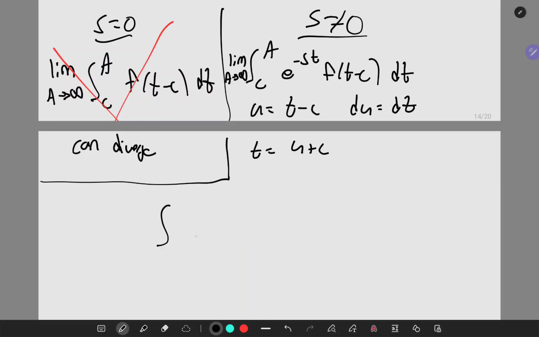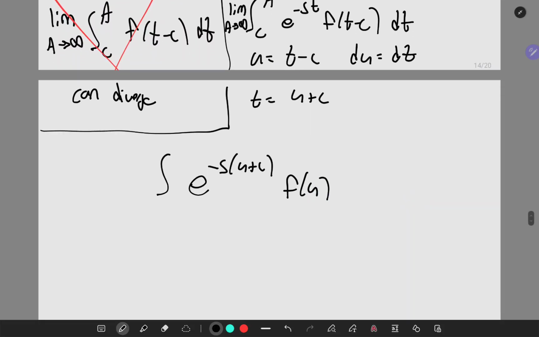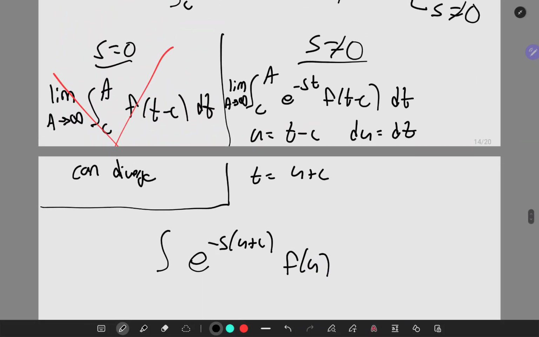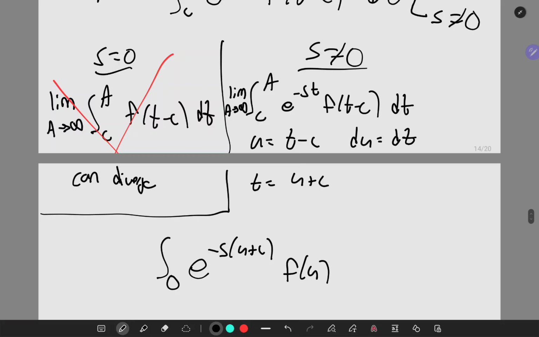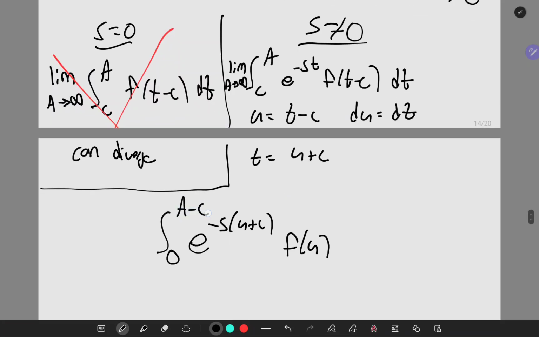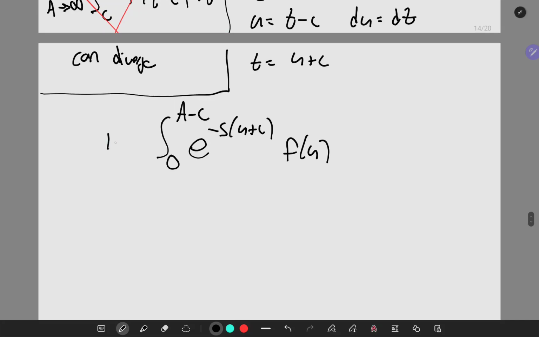So then when you plug in, this would be u plus c. Which, if I change the bounds, if I plug c in for t, we get u is equal to 0. If I plug in a in for t, I get a minus c. So those are our new bounds now.